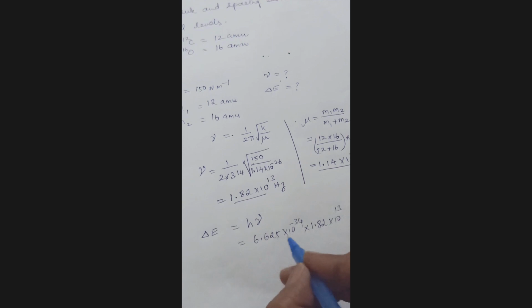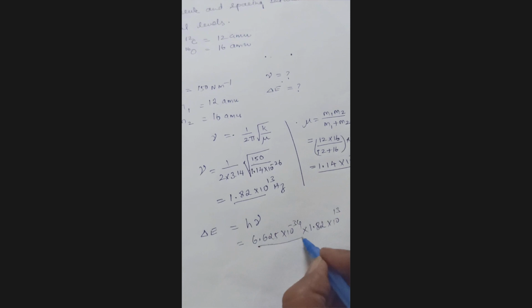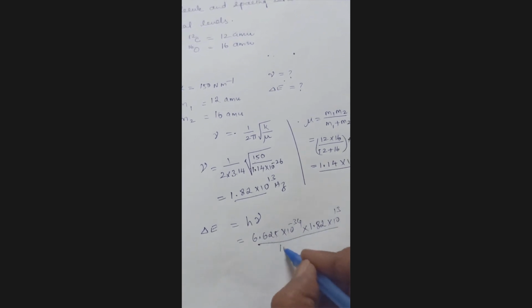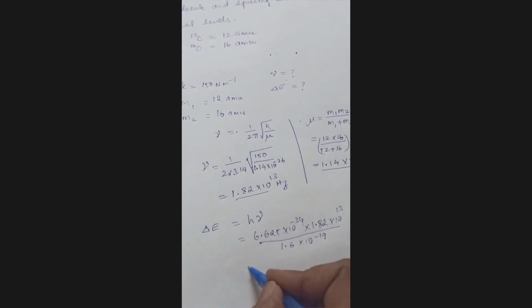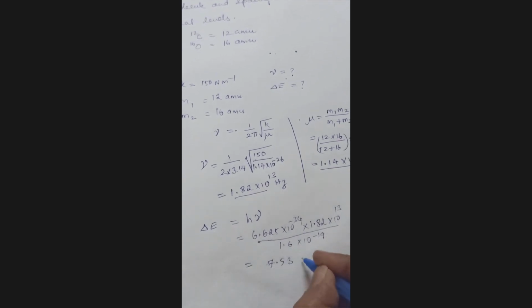So we would like to express delta E in terms of electron volt. Therefore the complete thing we will divide by 1.6 into 10 raised to the power minus 19. So on simplification, this is giving us 7.53 into 10 raised to the power minus 2 eV.